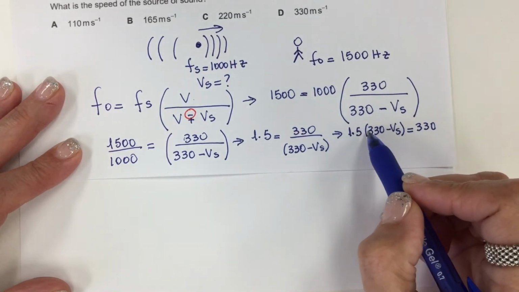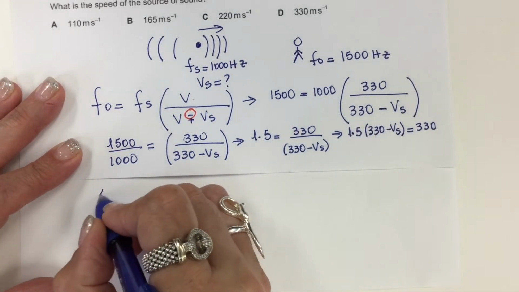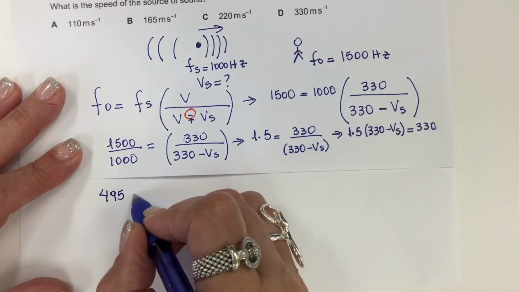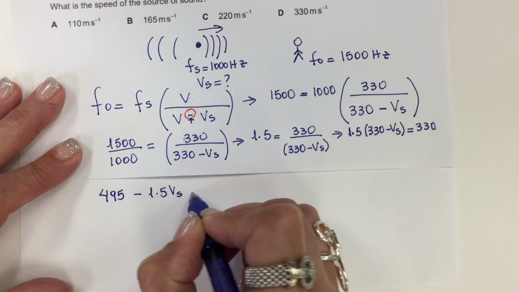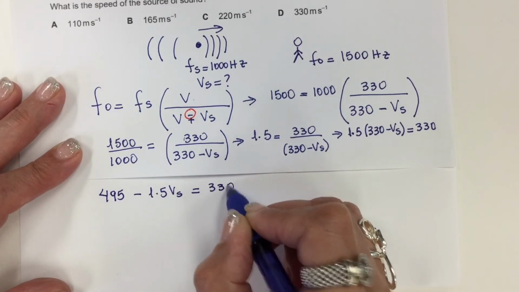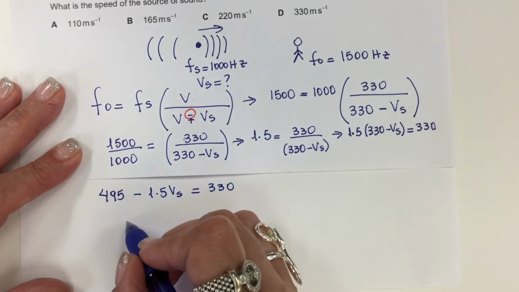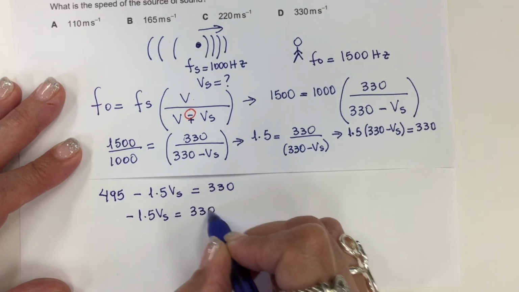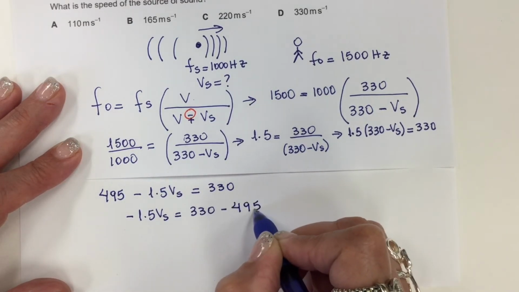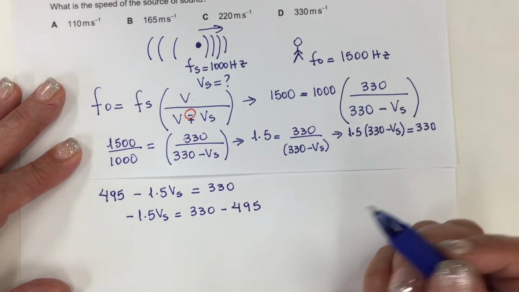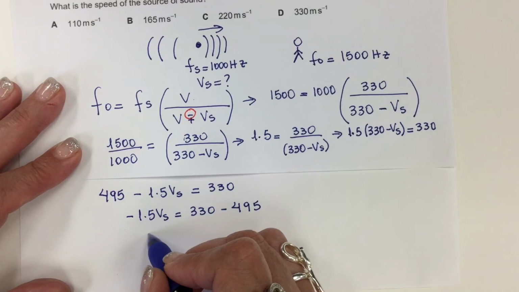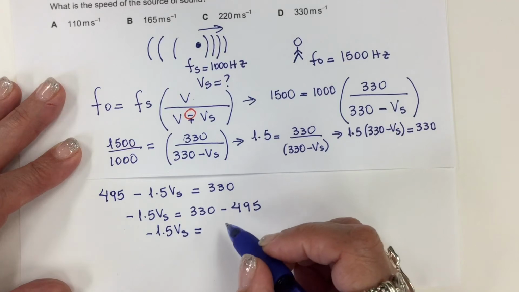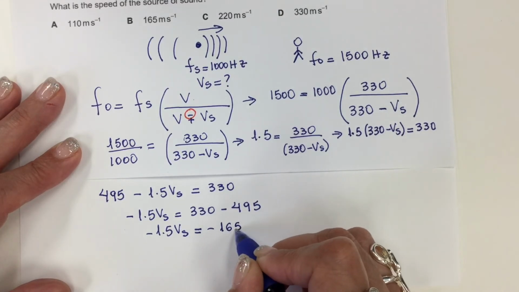Now 1.5 times 330 is 495, and 1.5 times minus Vs is minus 1.5 Vs, equal to 330. So minus 1.5 Vs is 330 minus 495, and minus 1.5 Vs is equal to minus 165.